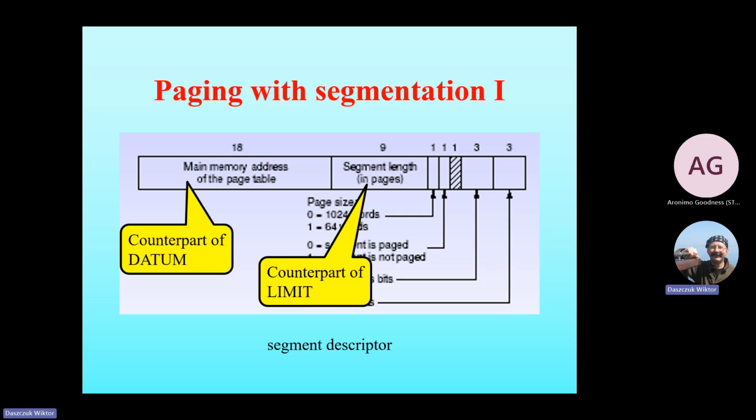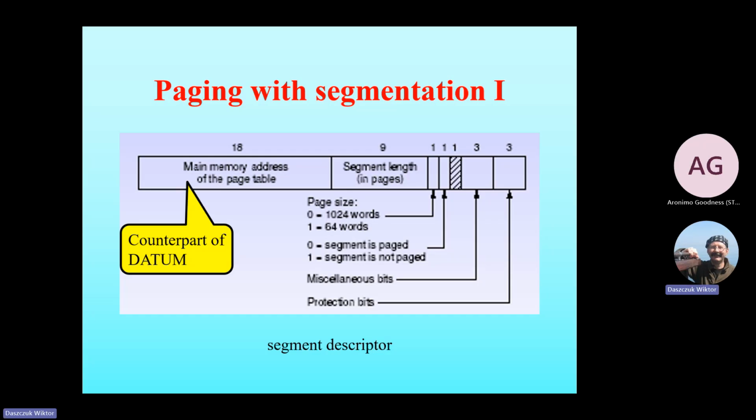So if we generate an address that in the page number has a value greater than this value, a memory overrun fault is raised. Additionally, we have an interesting property, those page sizes.